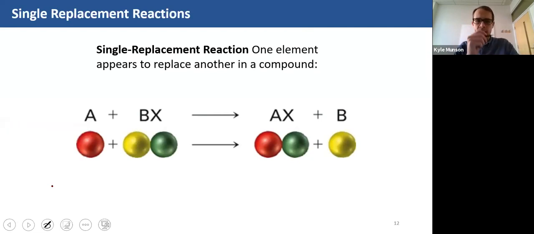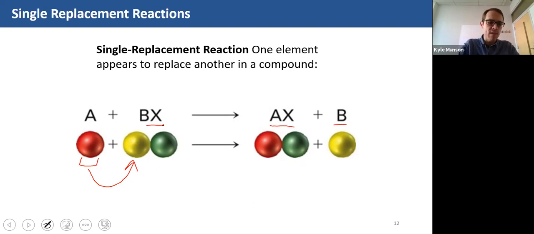Okay, so this is kind of the example here where this element is replacing this element. So A is replacing B in the formula here. Now you have A with X and B is kicked out, whereas you started with B with X and A is kicked out.